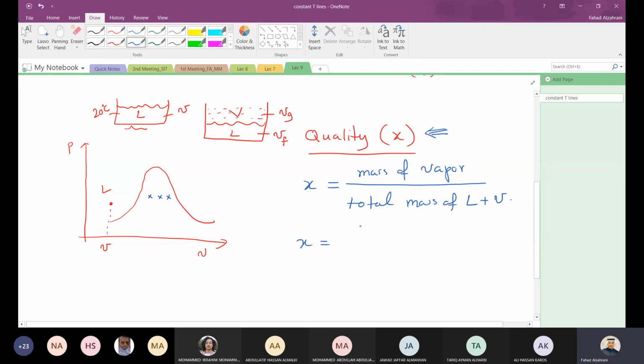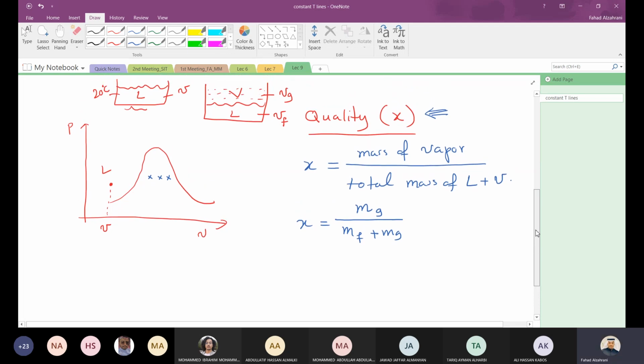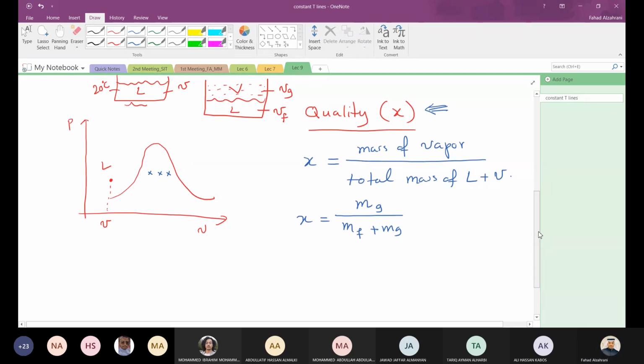I can rewrite in terms of symbols. So M of the vapor, in this case the vapor I called it G, so mg divided by mf plus mg. Okay, so the range of X is between what and what?